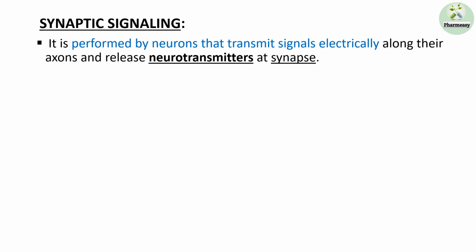Now, third form of cell signaling is synaptic signaling. It is similar to paracrine signaling, but there is a special structure called synapse between the cell originating and the cell receiving the signal. It is performed by neurons that transmit signals electrically along their axons and release neurotransmitters at synapse.